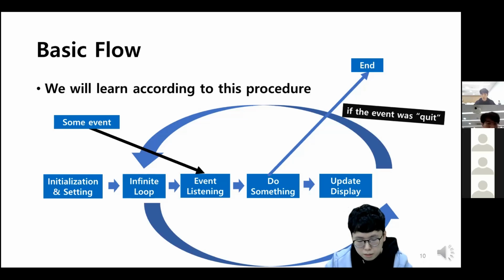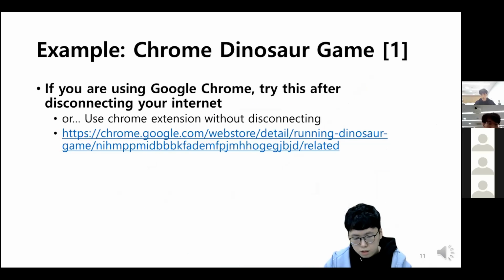Okay, I will explain more details for this basic flow. Let's think about an example. I think you know the Chrome Dinosaur game. When you use Google Chrome and the network is disconnected from the internet, you can play the Chrome Dinosaur game.